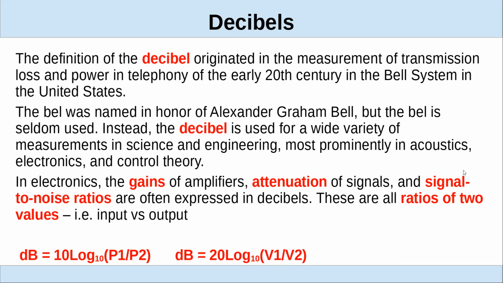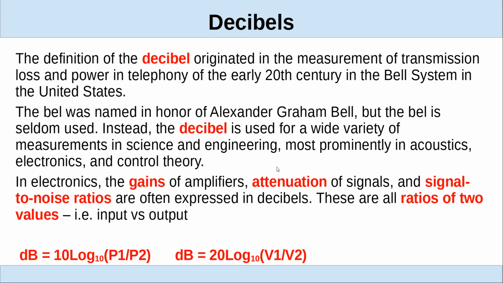In electronics, it's way too big a number, so we've gone with the decibel, which is one of the few places you see the deci. We talked about that at 10. So that's a tenth of a bell. But even when we have 10 decibels, we don't call them bells. We just call it 10 dB.